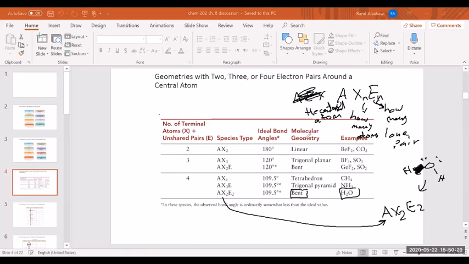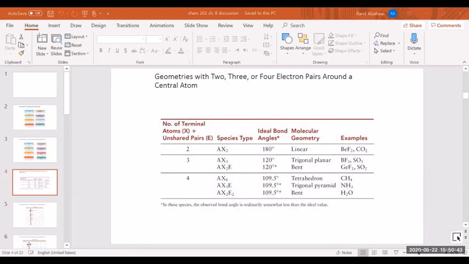Okay, so this table will help you to predict the shape of the molecule if you have 2, 3 or 4 groups. The other table will show you when you have 5 or 6 groups. So look here, we go to that table.